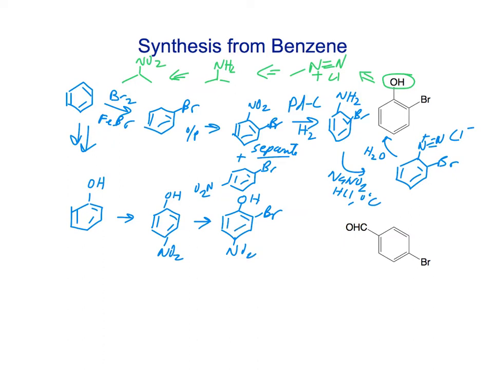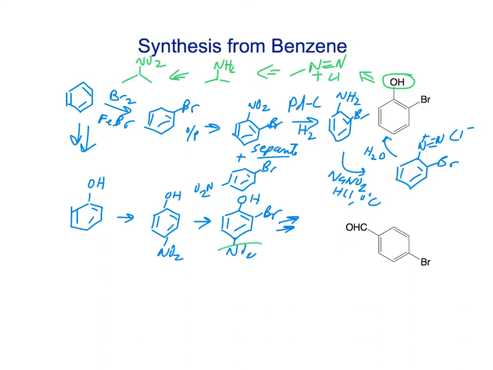And then we go through, reducing the nitro group, making the diazonium salt, and just removing that group. So this would probably make it a lengthy synthesis, but it would be a way to make it more selective.